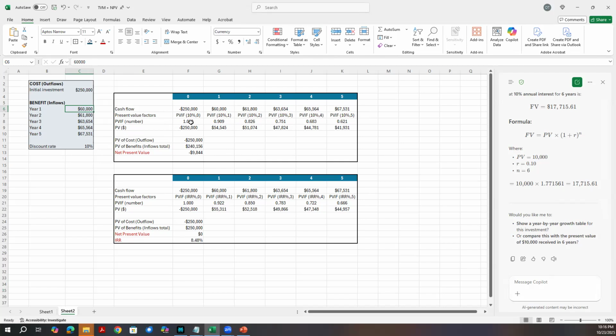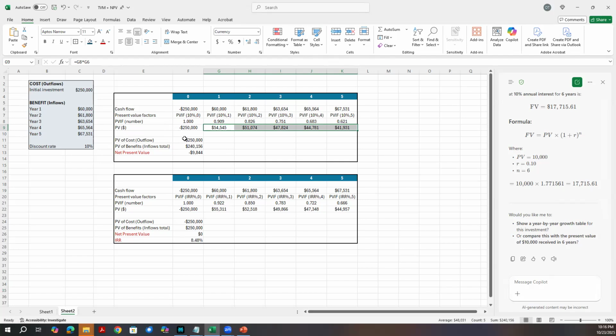0.86, and so on. As you can see, as I push out in time, by the time I get to the 5th year, I discount the value by roughly 38%. In other words, the present value of the $67,531 is only $41,931. If I add all of these numbers up, I get $240,156 in benefits.